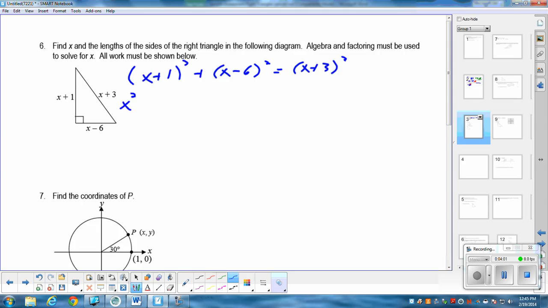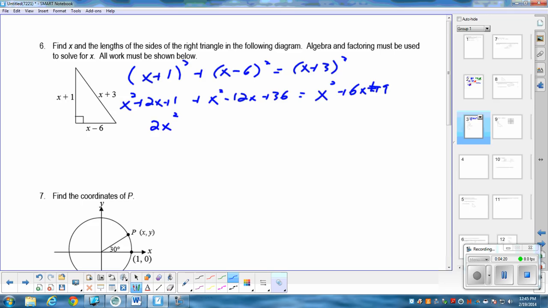If you FOIL this whole thing out, you get x squared plus 2x plus 1 plus x squared minus 12x plus 36 equals x squared plus 6x plus 9. That should be a plus sign, not a 19.